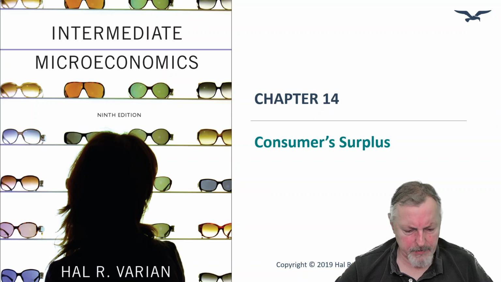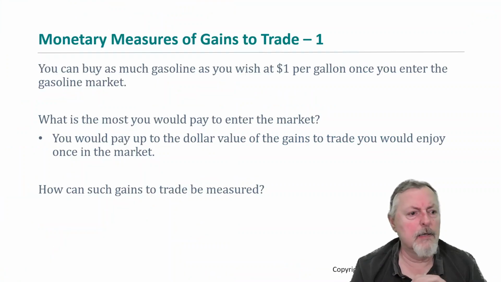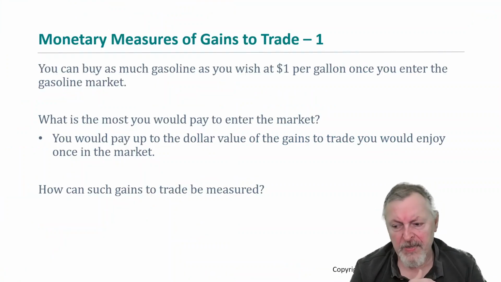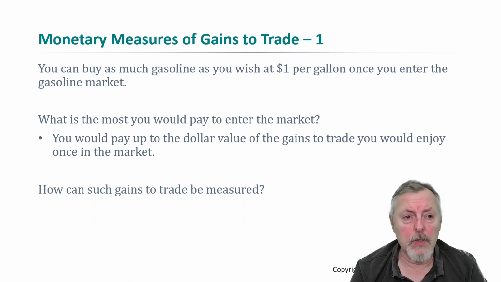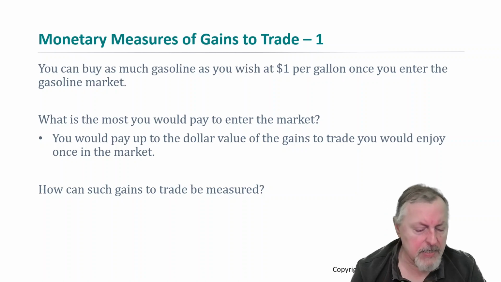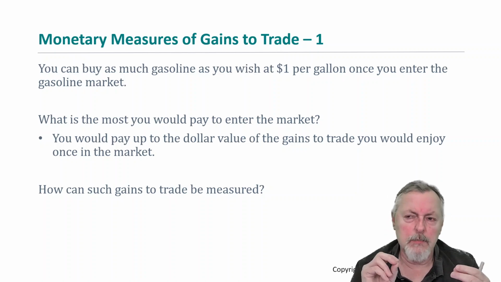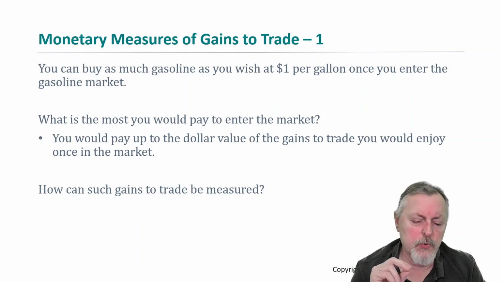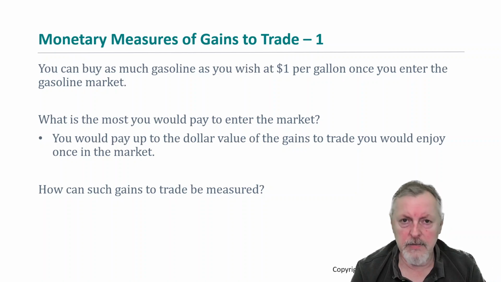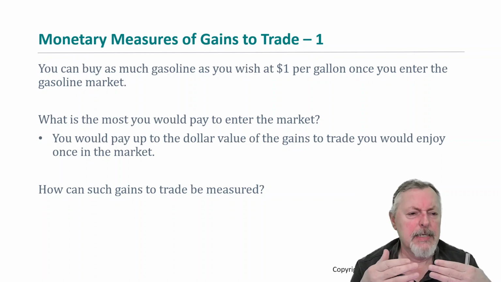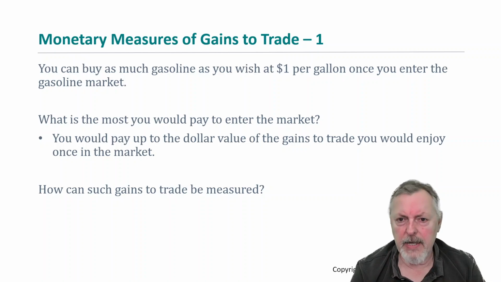A good bit of what you will see in this chapter really is just review of what you already saw in Principles, consumer surplus. The key difference and the extension is showing you mathematically two different ways to quantify in dollar terms the amount of utility gained or lost by a price change.